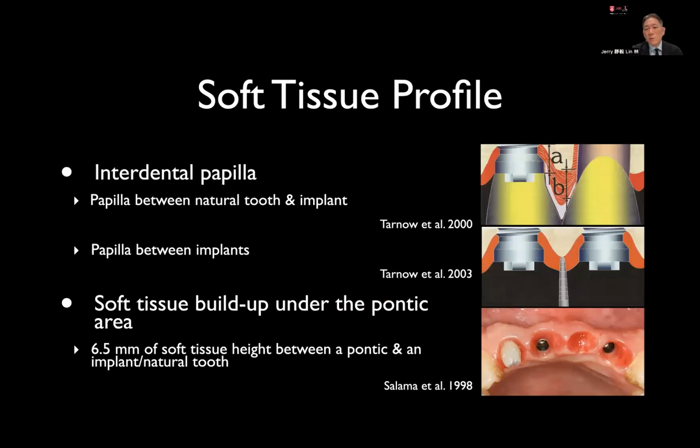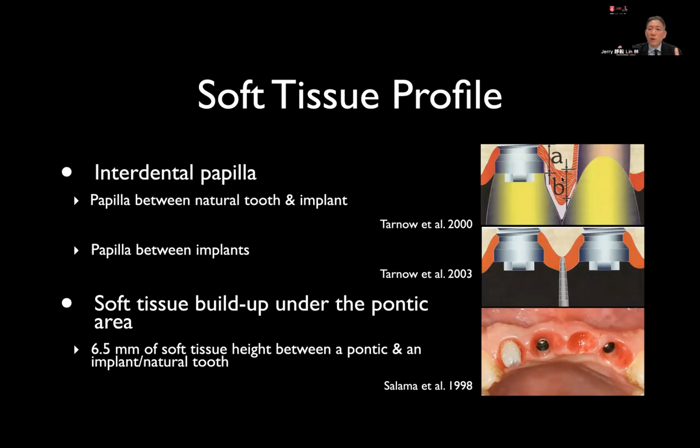So regarding the soft tissue profile and the interdental papilla, Tarnow's article back in 2003 pointed out that the papilla between a natural tooth and an implant is affected by the bone between the implant and the natural tooth.